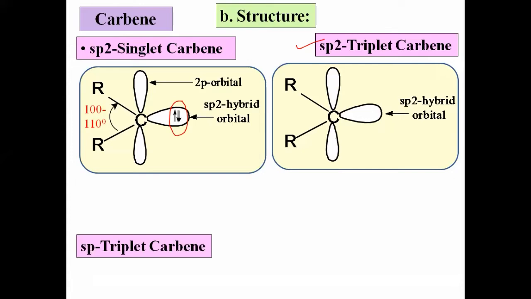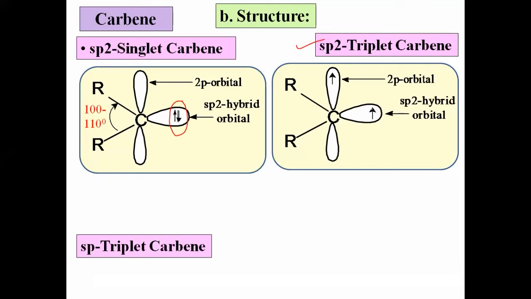याकडे असणारे जे lone pair of electrons आहेत किंवा दोन electrons आहेत, two non-bonded electrons, here one electron is present in the hybrid orbital, while the second electron is present in the 2p orbital. Thus the two electrons are present in different orbitals. यामधला एक असेल hybrid orbital मध्ये आणि एक असेल 2p orbital मध्ये, and these two electrons are unpaired and have parallel spin.